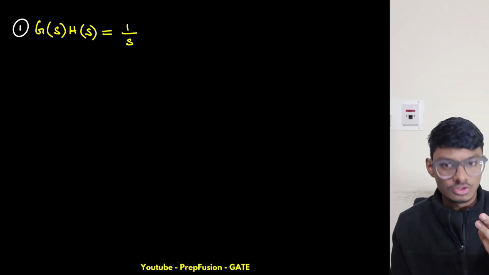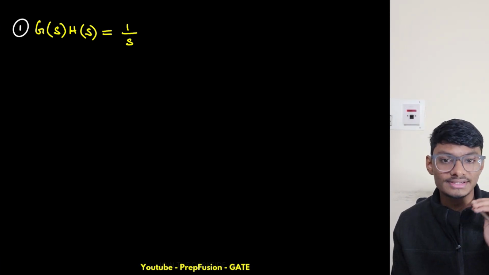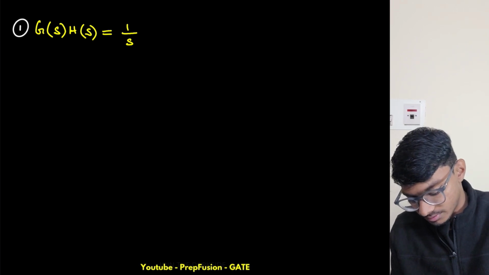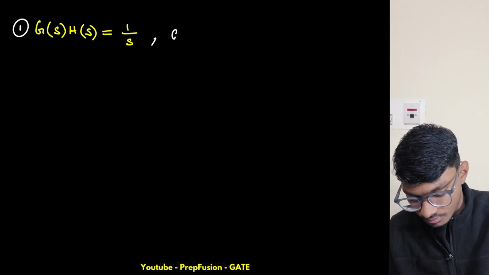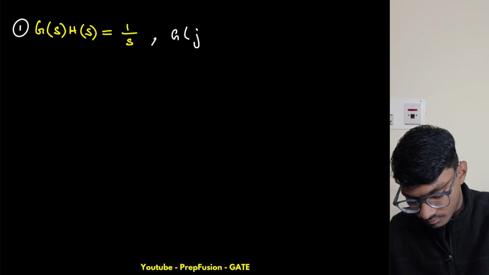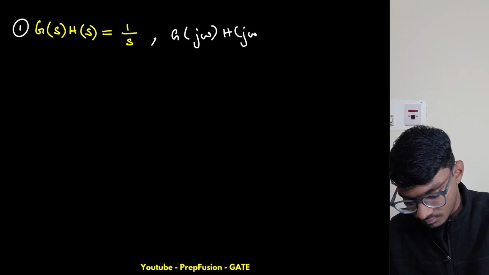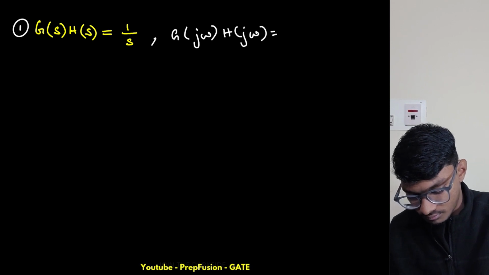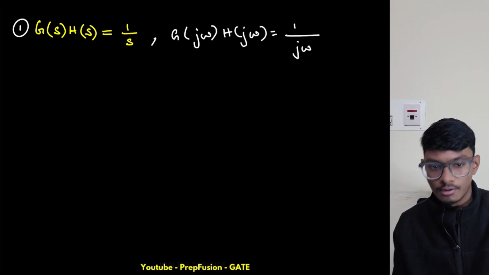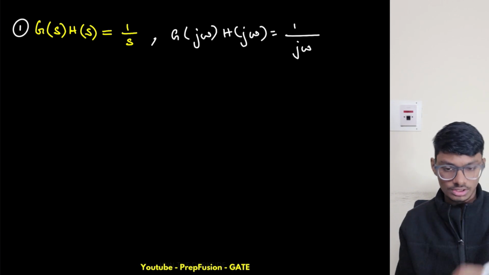I'm giving a sinusoid input this time, so I will put s equals j omega. So we get 1 by j omega. This is what my sinusoid input gives.